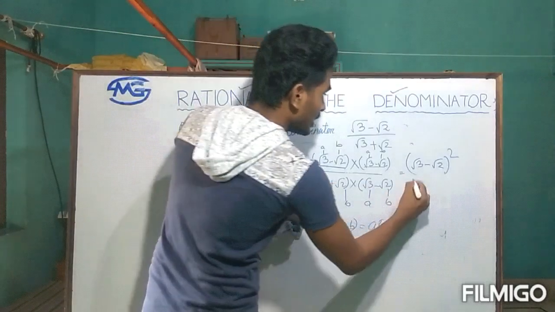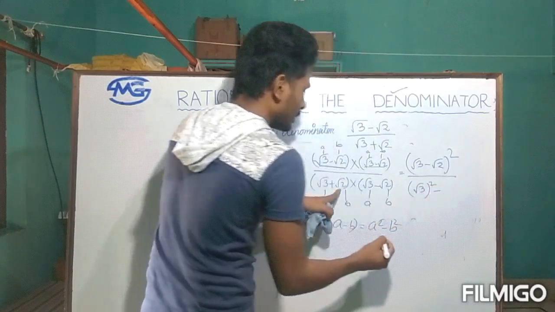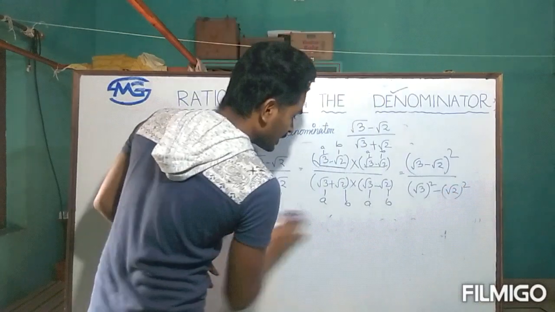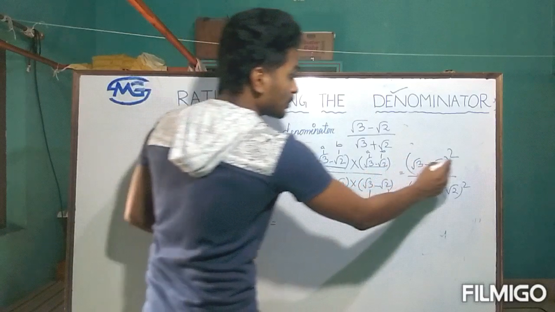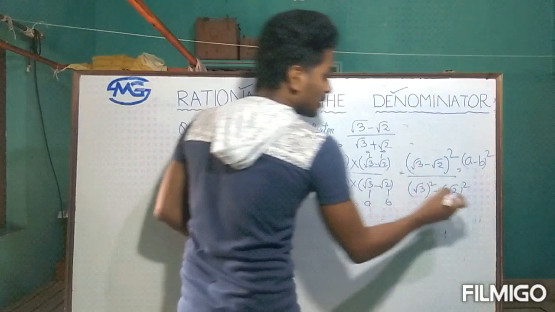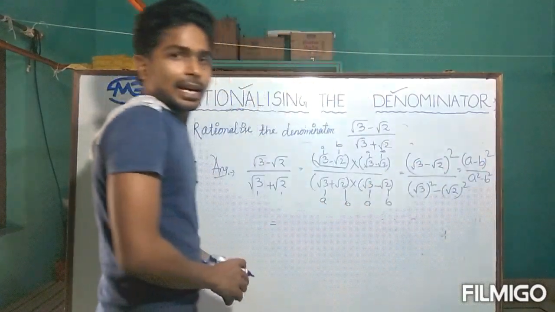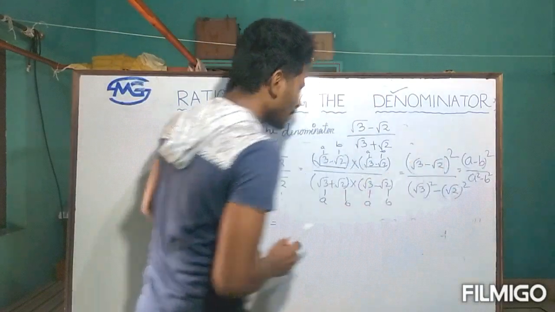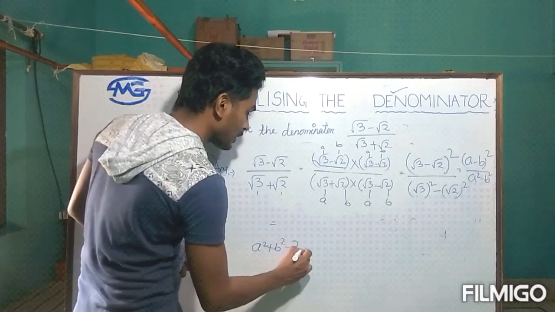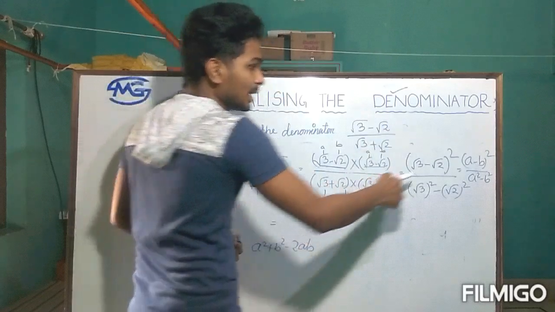So here A is root 3 and B is root 2, so A square minus B square, with root 2 squared. The numerator forms the formula A minus B whole square, and the denominator forms A square minus B square. As you know, the formula for A minus B whole square is A square plus B square minus 2AB. So put it in the numerator.